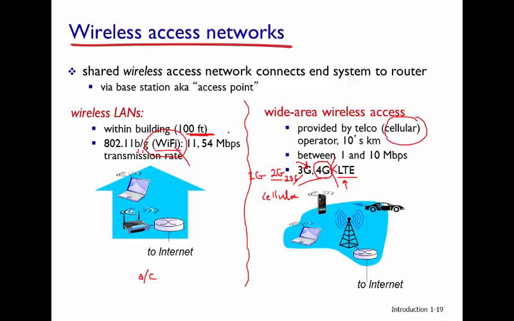But cellular covers more. Cellular needs its own access points. Cellular tower, cell tower, it covers 10 kilometers, which means about 6 to 7 miles. It depends.